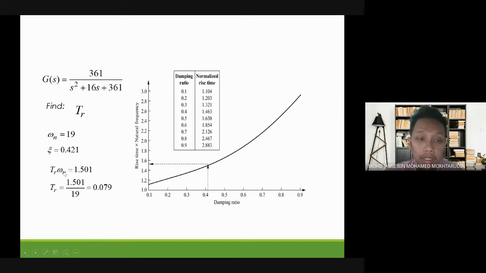So omega n is given by 19, or you found already 19. So just bring it over to the right. So you get rise time 0.079. Okay, the question is straightforward. Or interpolate.